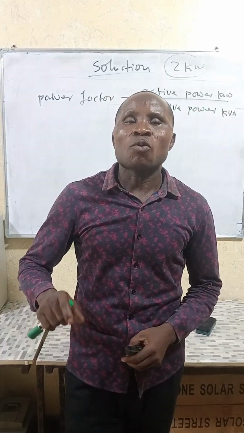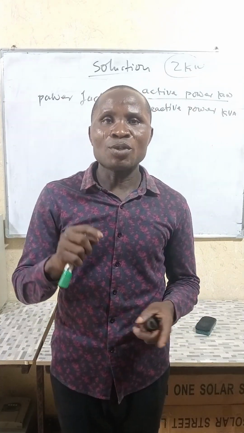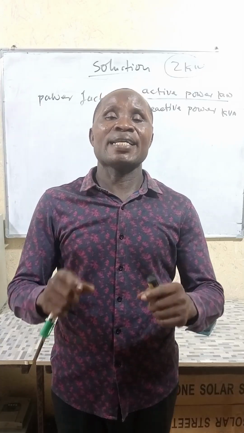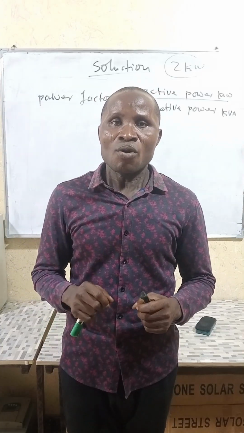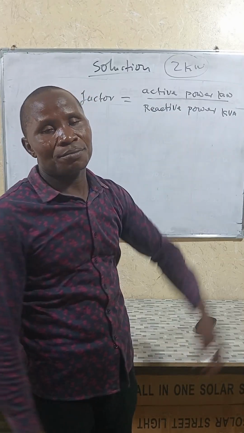Now, the reactive power in kVA is power that oscillates back and forth between the source and the load to maintain a magnetic and electric field in an AC circuit without performing useful work. And that is why it is called the rating power.